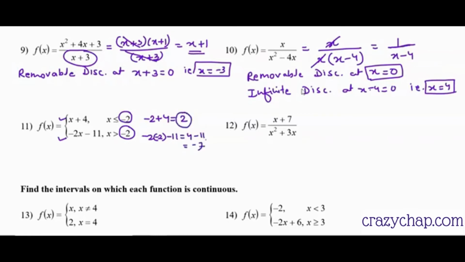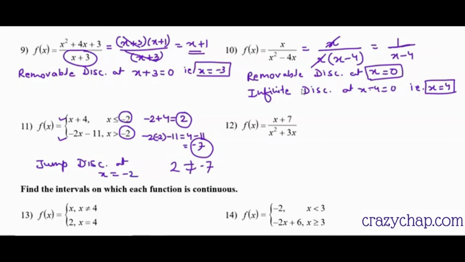Now these two values are not the same because 2 is not equal to -7. So it is a discontinuous function, and you remember the third kind of discontinuity was jump discontinuity. So this is a jump discontinuity at x equal to -2.